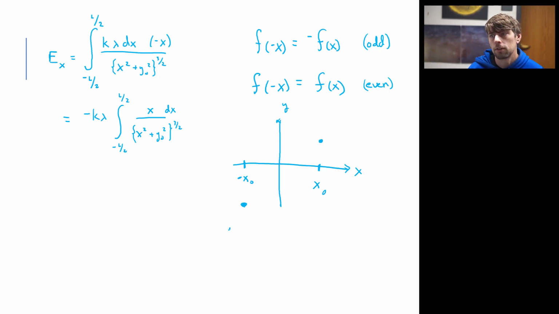I'll plot, for example, something like this. That is a terrible looking function. Let's get rid of that, and I'll do something like this. An odd function demonstrates that rotational symmetry. If you picked up that function, rotated 180 degrees, and plopped it back down, you'd still have the same graph.